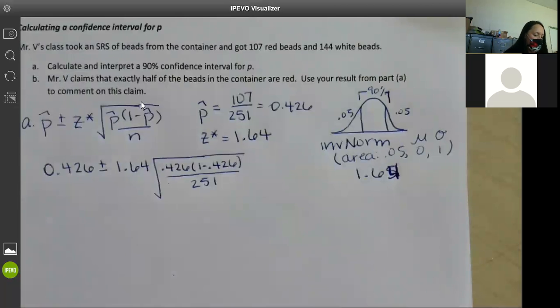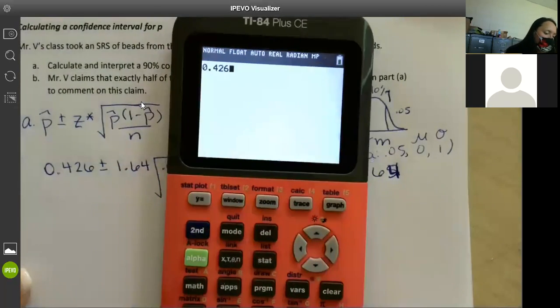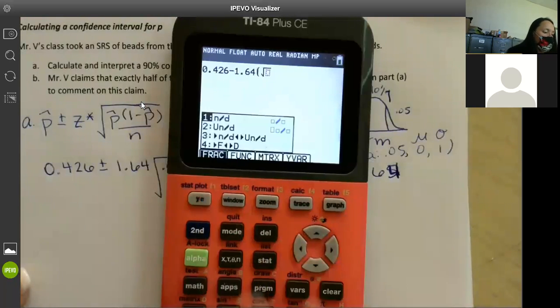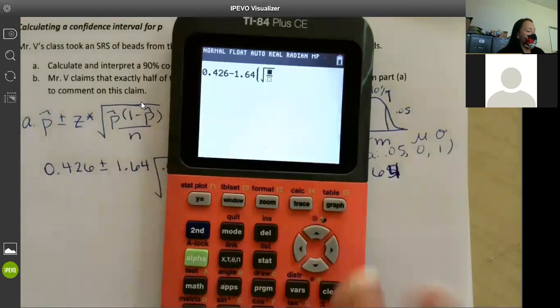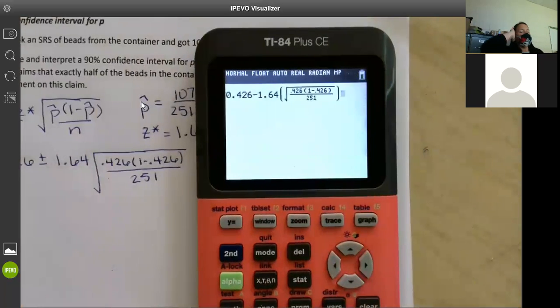I always do the minus first because that's the one that's going to be the lower one. So I'm going to type it in. Minus 1.64, I do parentheses, I do the square root, and then under the square root, I put a fraction. Okay, makes it a little bit easier. 0.426, 1 minus 0.426 over 251. Get all the way out and close those parentheses.